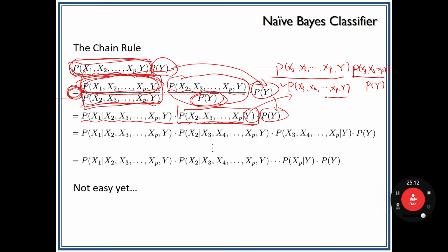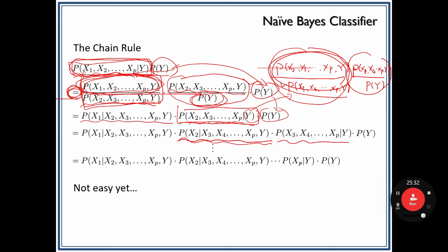Then this part becomes this thing. Can you see that? This term becomes this conditional probability, and this part becomes this conditional probability. P of y comes as is.